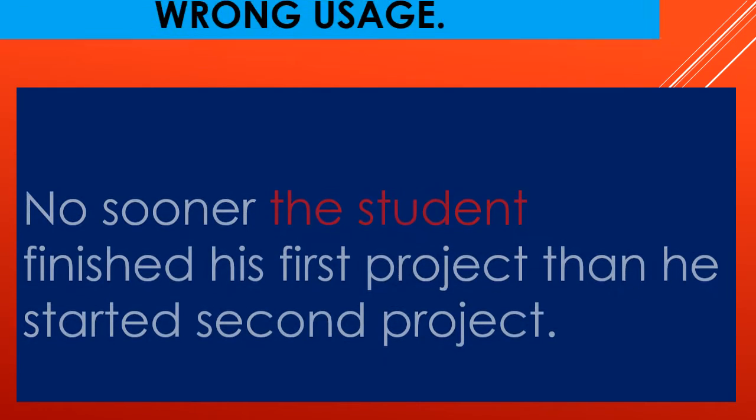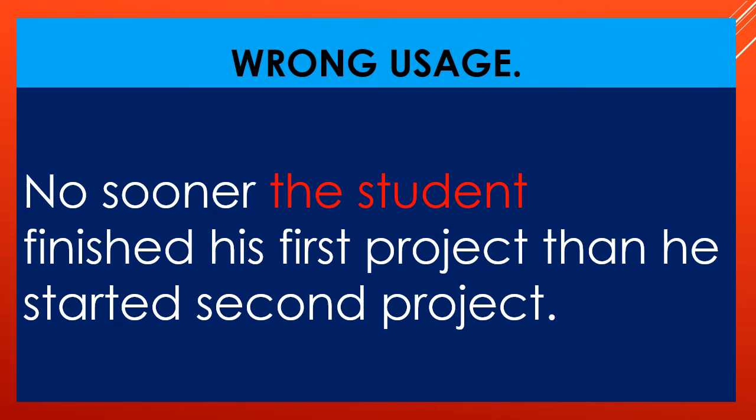Students, you have understood the usage of no sooner. But a few students use no sooner in a wrong way, means wrong usage of no sooner. How can they make sentence with the help of no sooner?